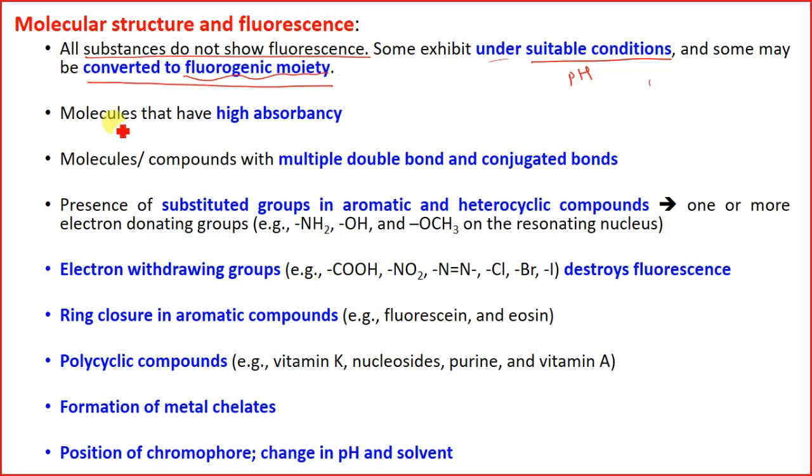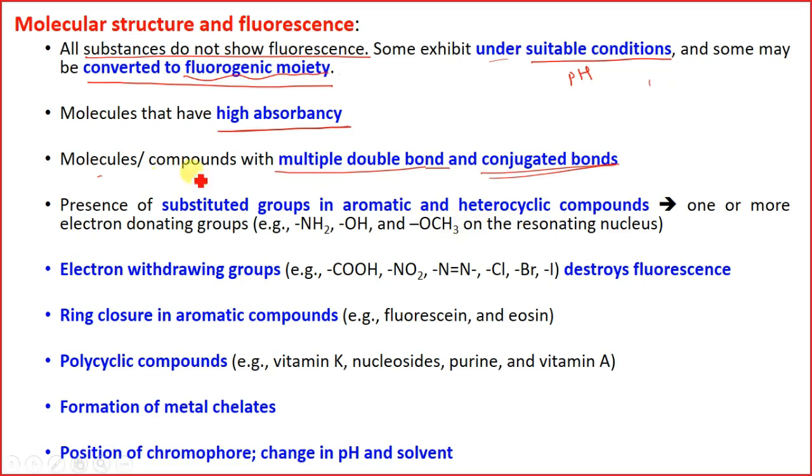Usually it has been seen that molecules which have high absorbency show fluorescence. Molecules or compounds with multiple double bonds and conjugated bonds may show this fluorescence.